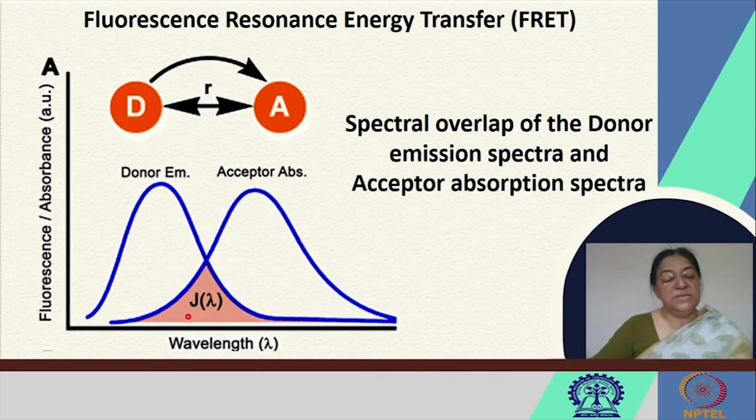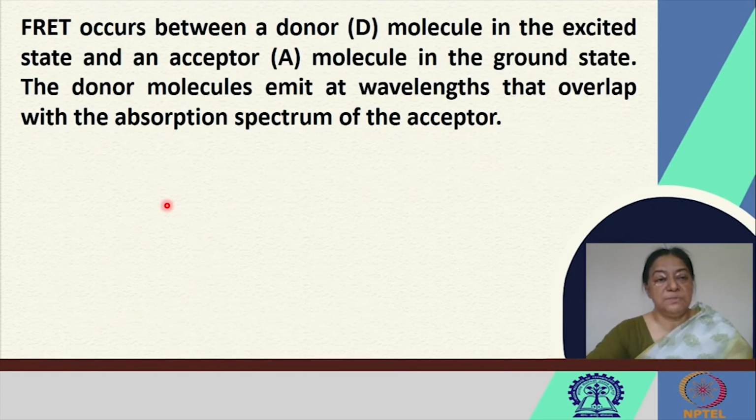This is called the overlap integral. The acceptor, in turn, can also fluoresce, which will be further red shifted in this direction. So the fluorescence resonance energy transfer can give us a measure of the distance from the donor to the acceptor.